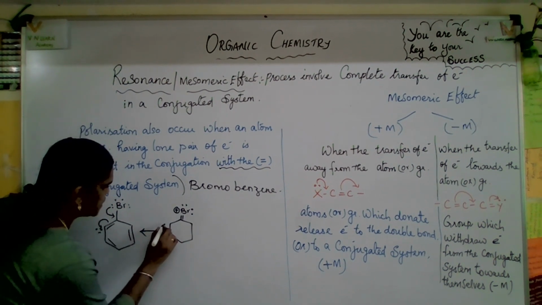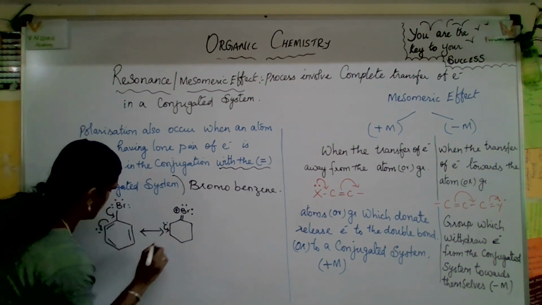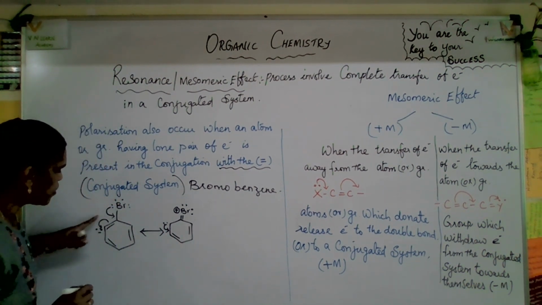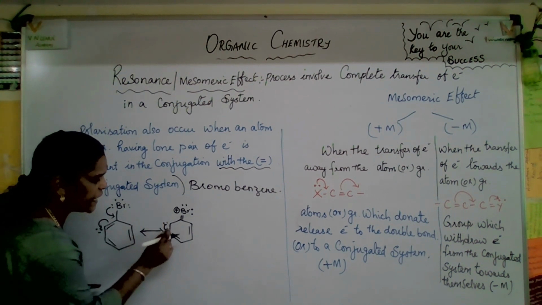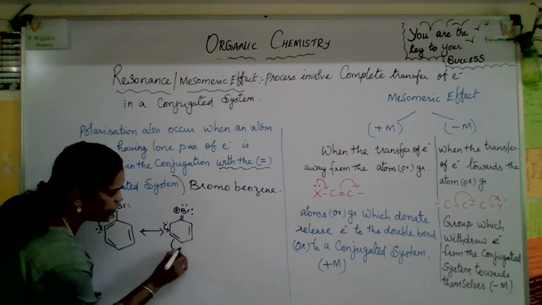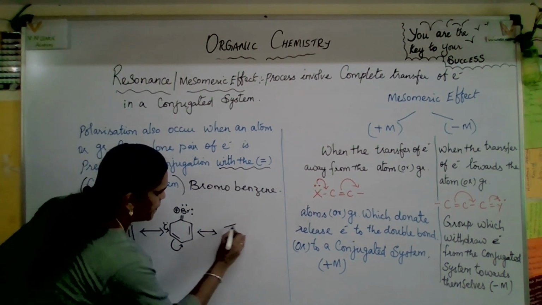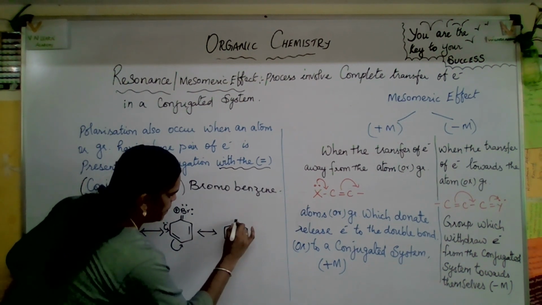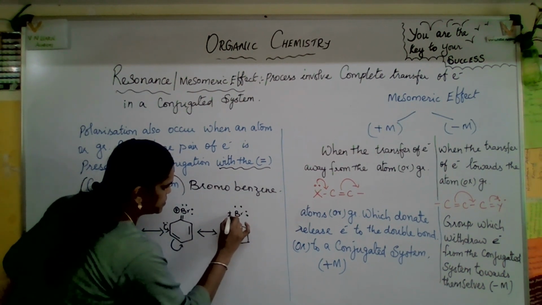The two lone pairs of electrons shift over here. Already there is a double bond here, so this bond actually converted into a lone pair of electrons. Double bond comes, so this bond will go to this corner. So here: double bond, Br, two lone pairs of electrons, and a positive charge.